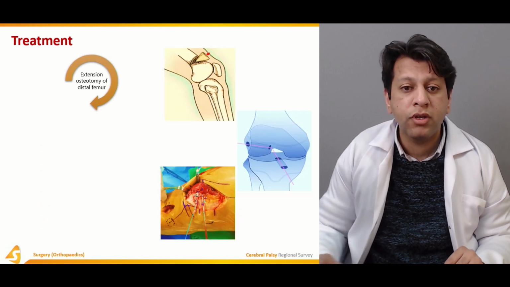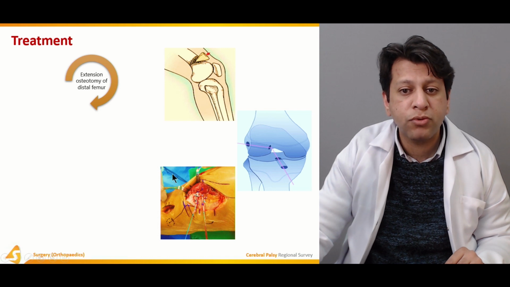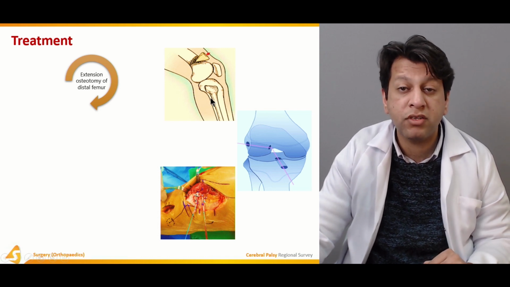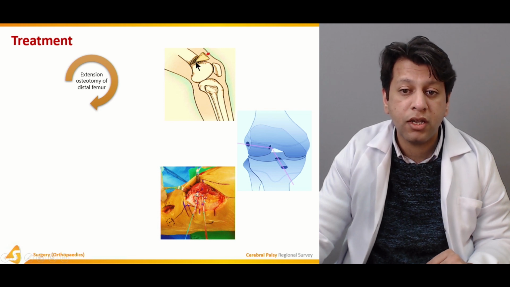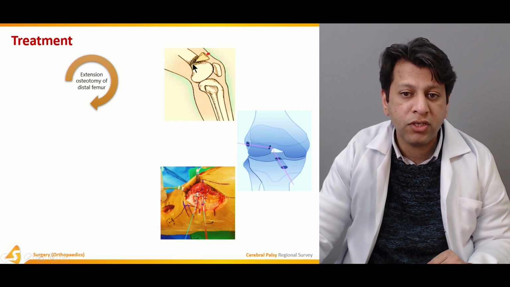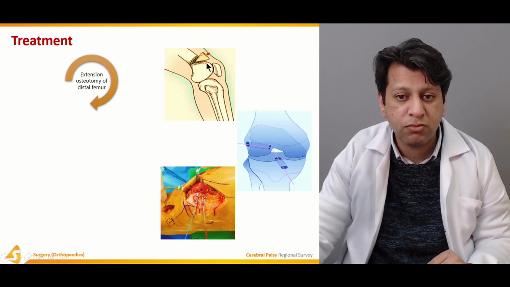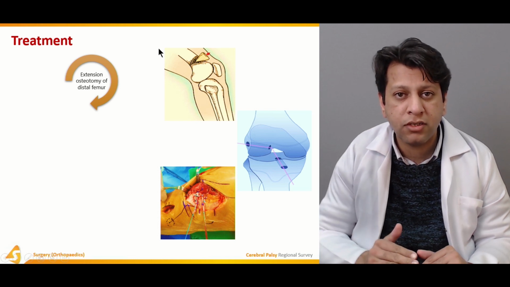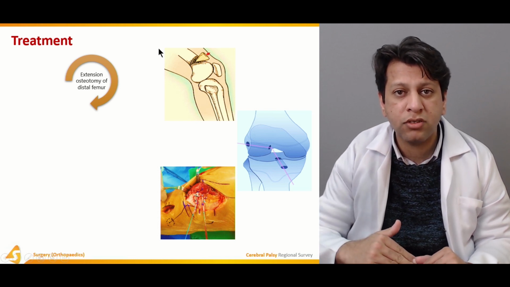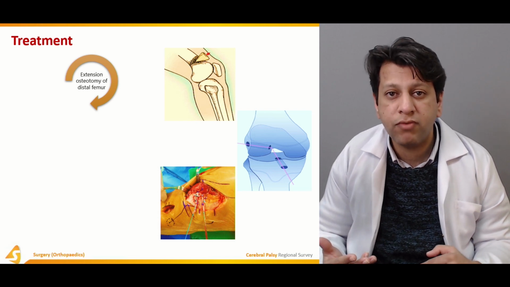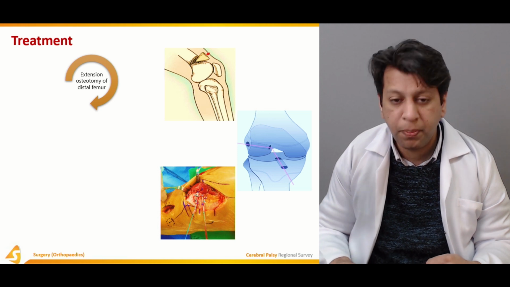As I just told you, if all the soft tissue procedures are unable to completely rectify the fixed flexion deformity in the knee, then the next option is a bony procedure, an extension osteotomy with wedges taken out anteriorly. Once the fragments are joined by a plate, this results in hyperextension of the knee joint, leading to correction of the fixed flexion deformity of the knee.